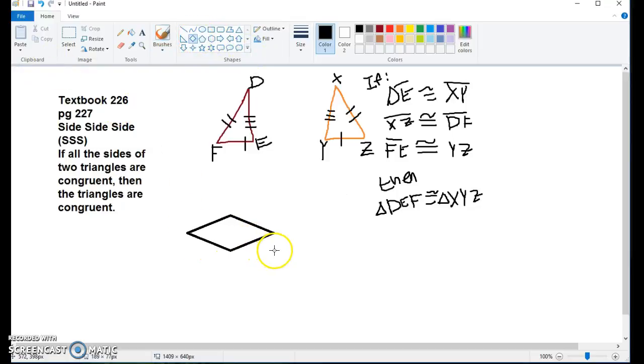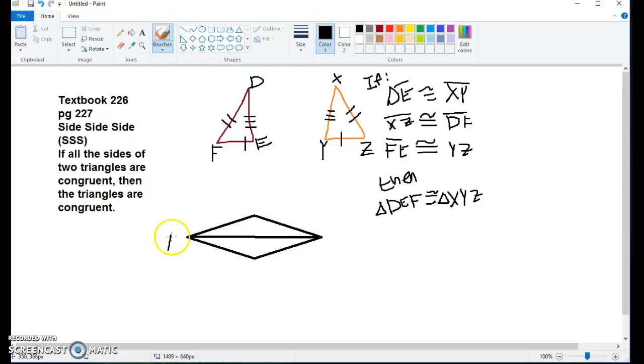So I'm going to make a kite like this. I'm also going to draw a line that goes like this. I'm going to label some points. So let's say that this is B, this is C, this is F, and this is D. And in the picture, they're going to tell me that this is congruent to that, and that is congruent to this.